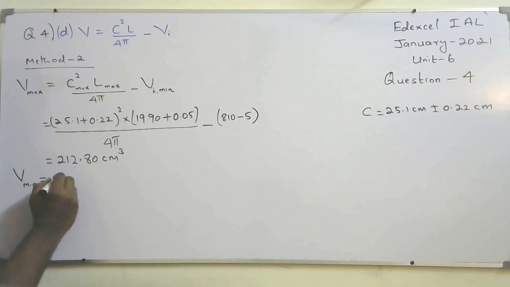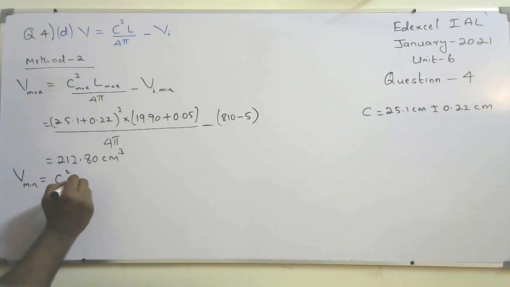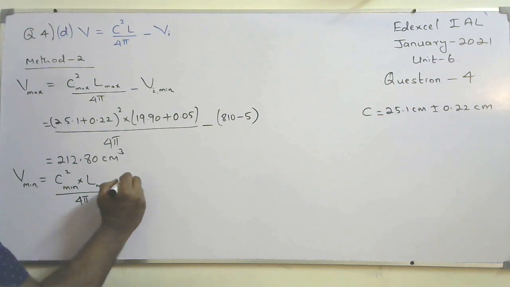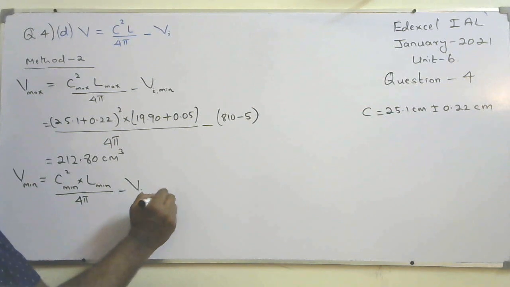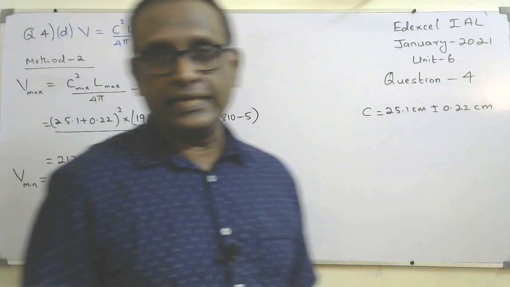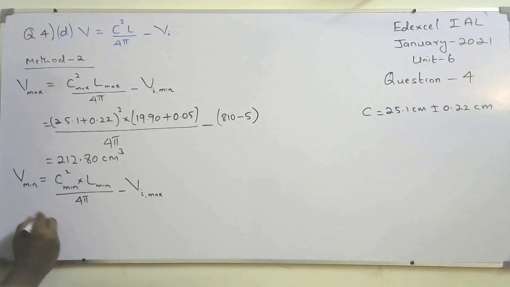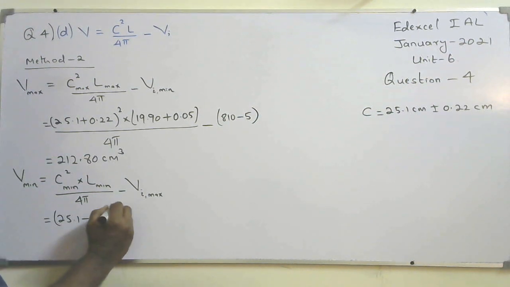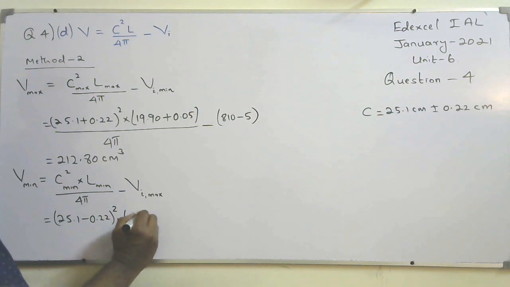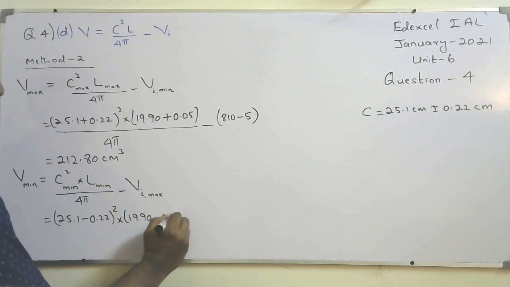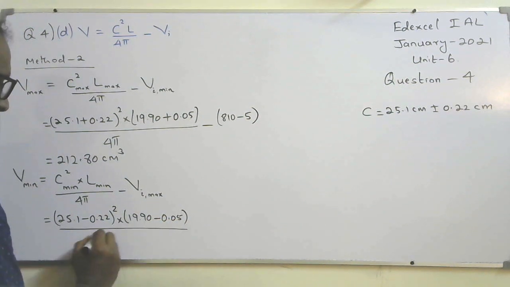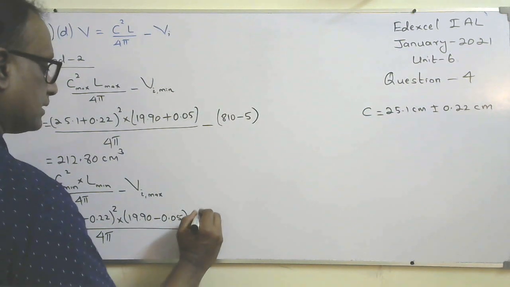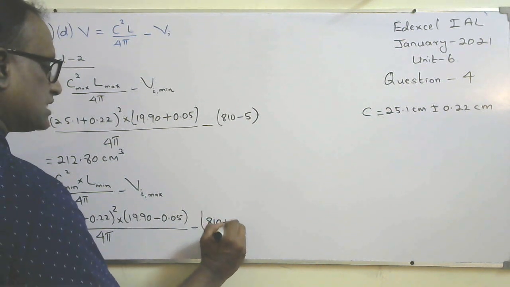Same way, find the V minimum. That will be C minimum squared into L minimum over 4 pi minus Vi maximum. I should subtract the largest value of Vi. Then only I'll get the minimum value of V. So C minimum, that will be 25.1 minus 0.22, all squared, into 19.90 minus 0.05, divided by 4 pi, minus, this one will be 810 plus 5.